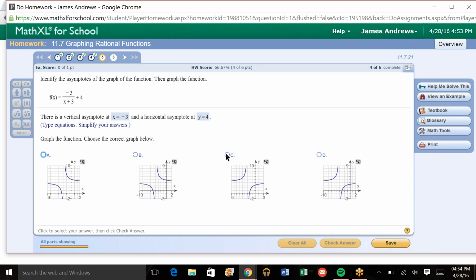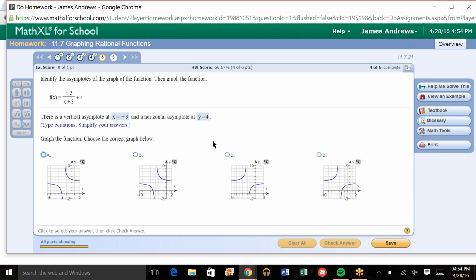Now, hold on, before you click that, that also has a horizontal asymptote at 4, but I think this one also has those same two. So we have to decide between A and C. In other words, doesn't A also have a vertical asymptote at -3? 1, 2, 3. Yeah, it does. And it has a horizontal asymptote at 4.